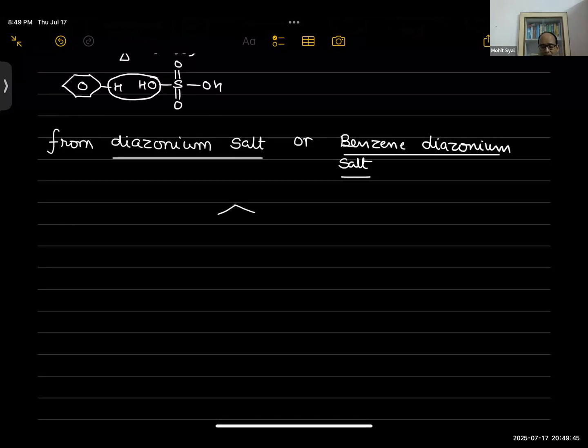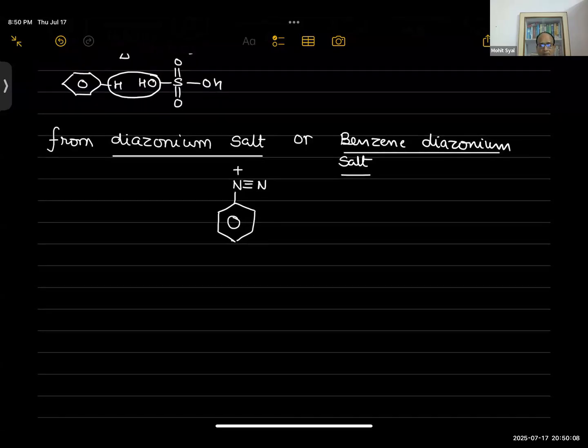Benzene diazonium is benzene, and who else wants to answer quickly? Marwa, Jesslyn. Yeah, N2 plus. Right, correct. N2 plus. Got it. So this is N2 plus and some salt, because it is a plus, there should be some minus, X minus.